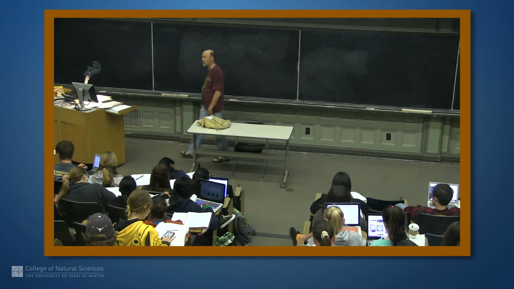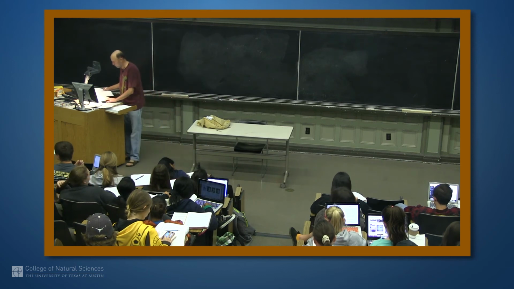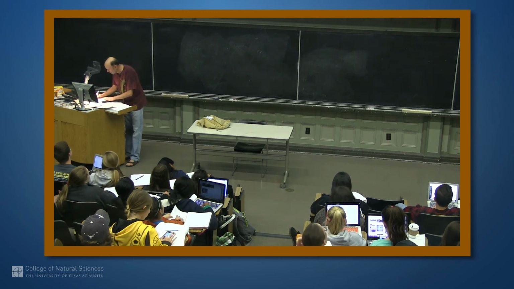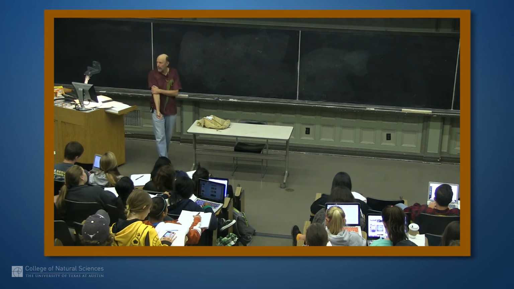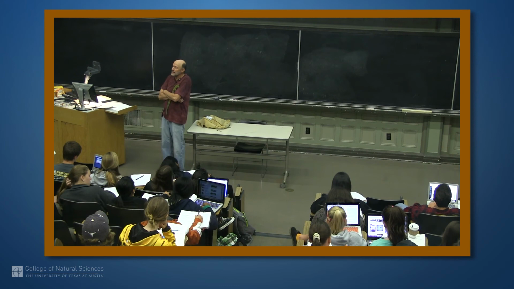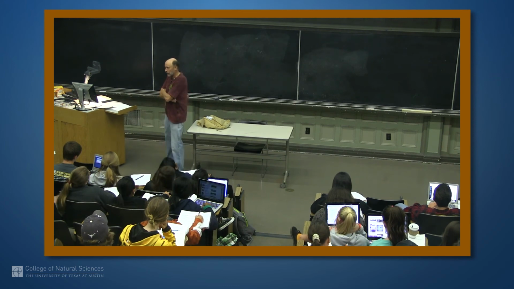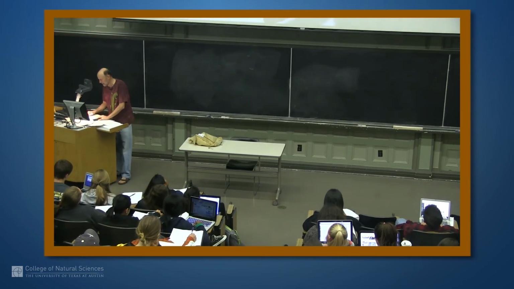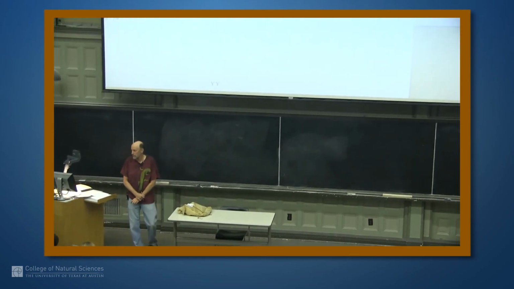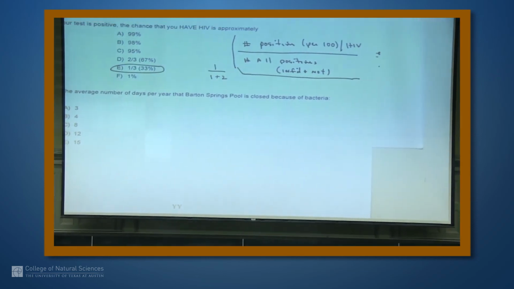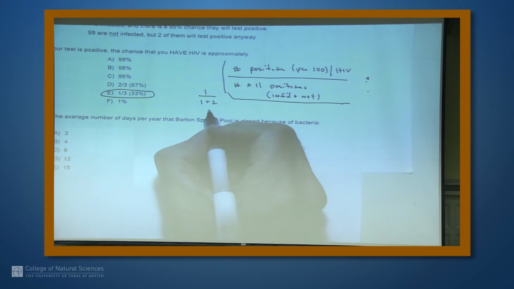Can you explain that one again? Okay, so what we're really asking here is, of all the tests that come back positive, what fraction of the time is the person really infected? So the denominator here is going to be the number of all positives, which includes true positives and false positives. That is 1 plus 2 here.